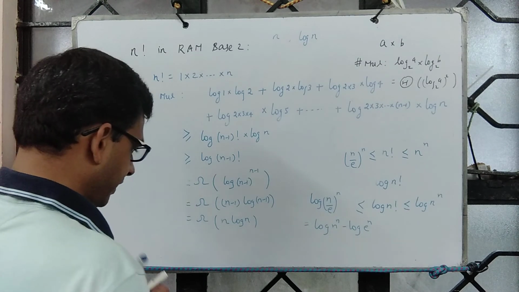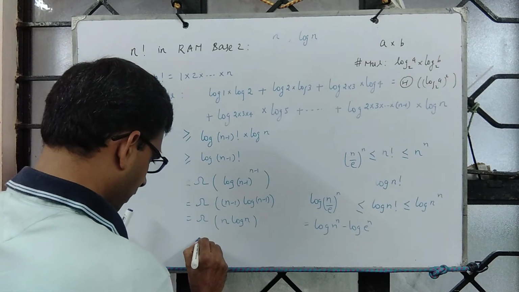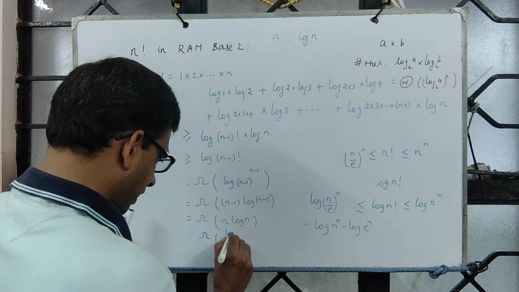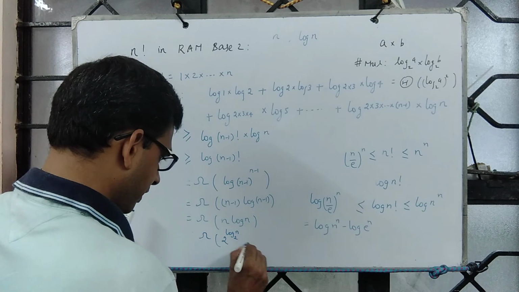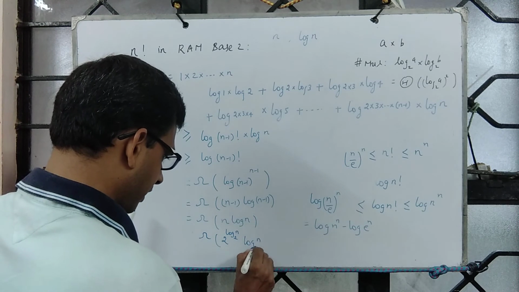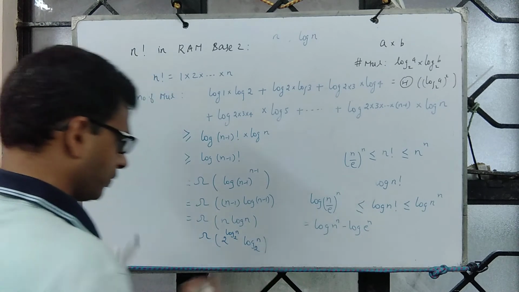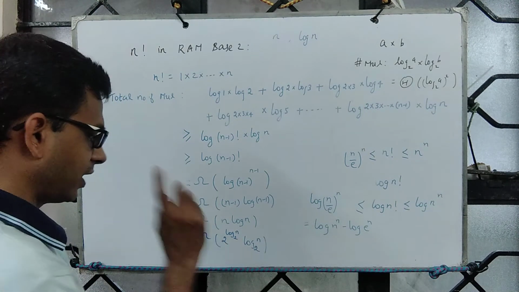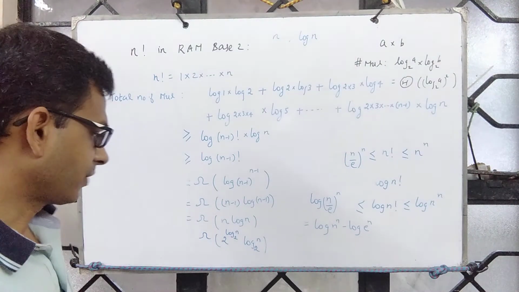This can be rewritten as omega of what is n? N is 2 power log n base 2 times log n base 2, because it's base 2 representation. So I'm working with log n base 2.